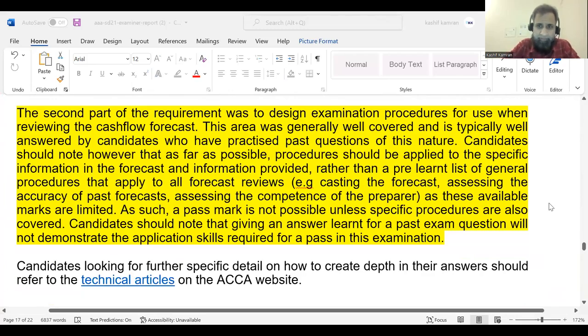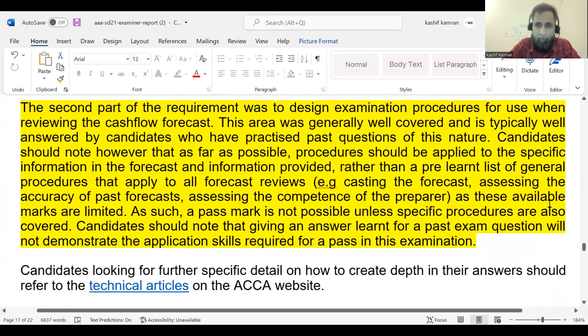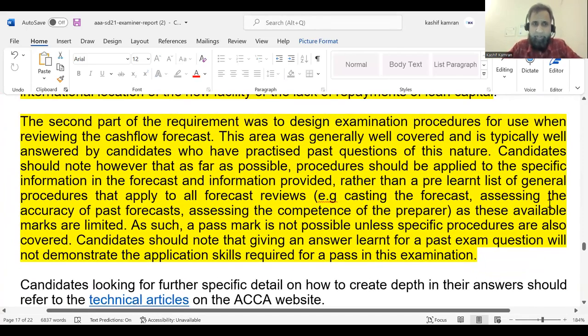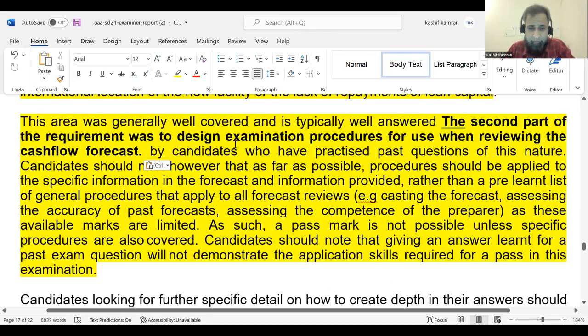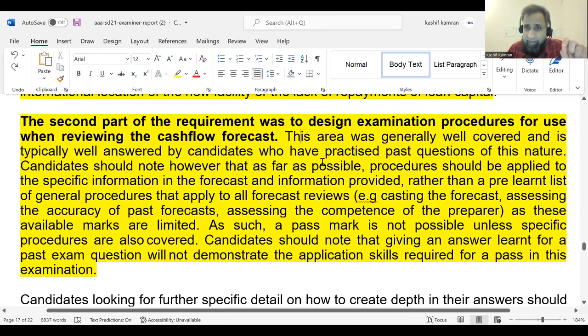Okay, right here. Can you see this yellow paragraph? The second part of the requirement was to design the procedures for use when reviewing the cash flow forecast. This area was generally well covered and is typically well answered by candidates who have practiced past papers of this nature, because this question comes a lot.